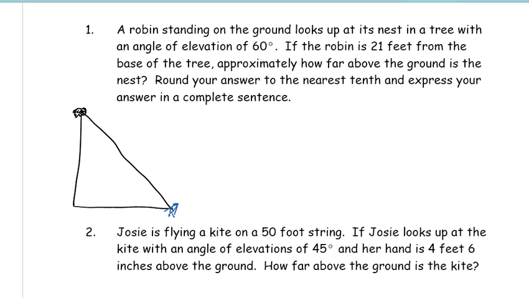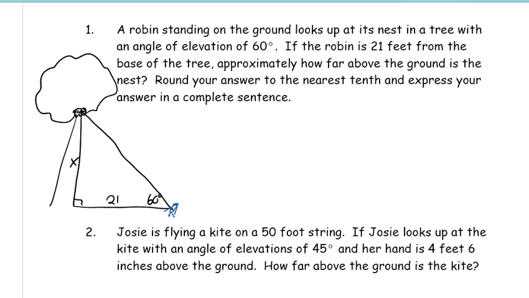Nest in the tree. Here's our tree. With an angle of elevation, that goes here no matter what. Angle of elevation is 60 degrees. If the robin is 21 feet from the base of the tree, we know that's 90. So that's 21. Approximately how far above the ground is the nest?